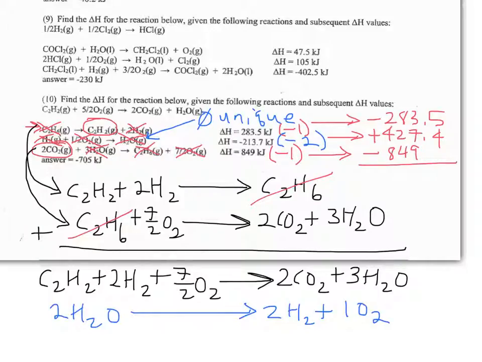Now we're going to add these values together. And when we do that, we get negative 705.1 kilojoules. And you can see the answer down here is negative 705 kilojoules. And they probably rounded, so I think we're okay. So that's what you do anytime you have something that's not unique in an equation.